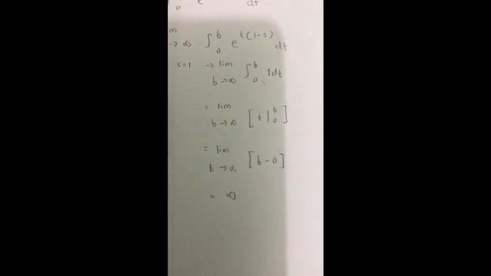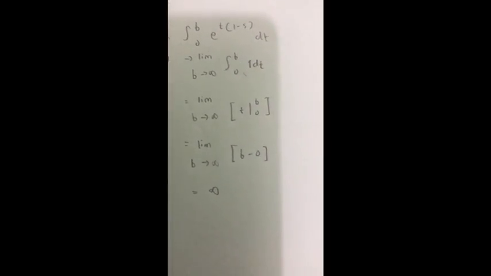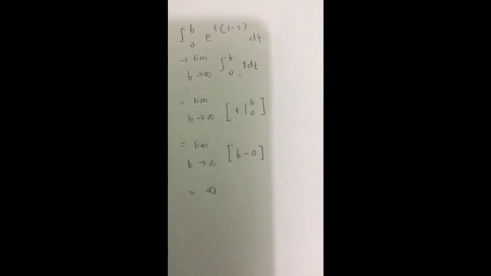So this improper integral is actually going to diverge at s equals 1. So when we calculate the Laplace transformation, we are going to exclude that value from the domain because it yields an improper integral, and somehow those are not going to be of interest to us. Okay.